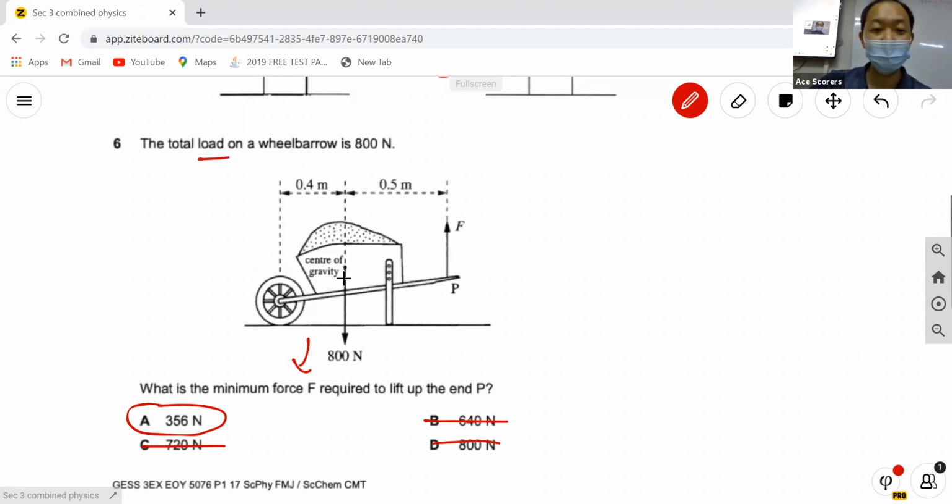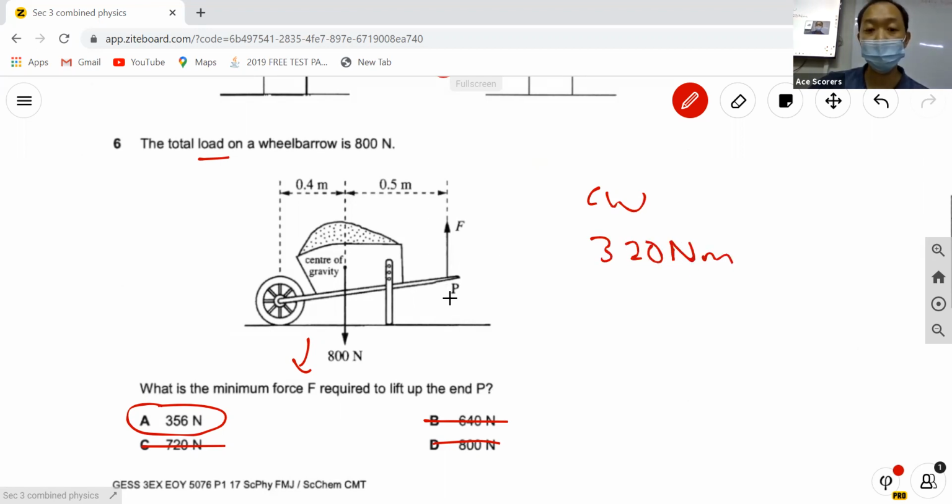It's fine. Okay, so to calculate this, you find the clockwise moment. Clockwise moment is 800 times 0.4, which is 320. So the clockwise moment is 320 Newton meter.